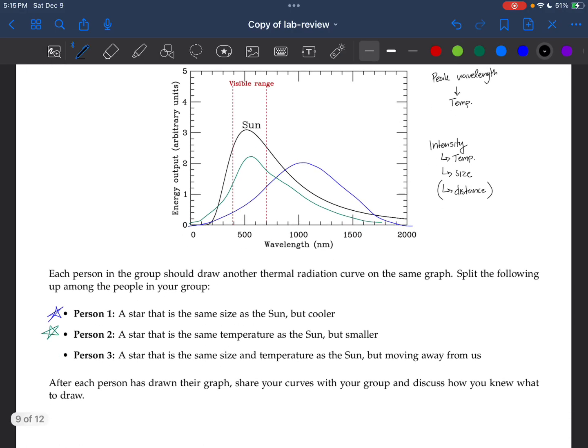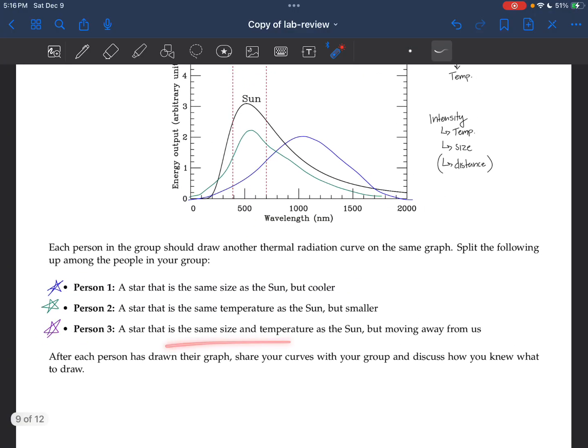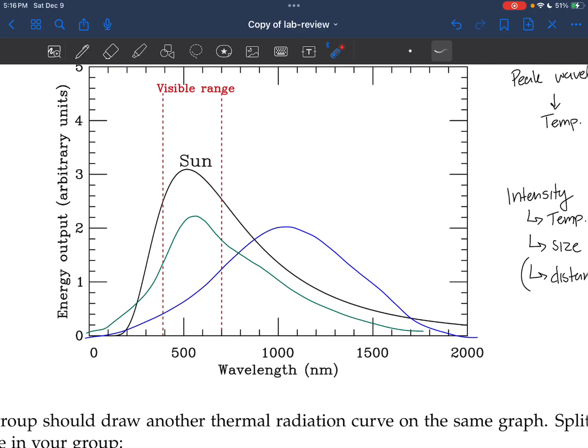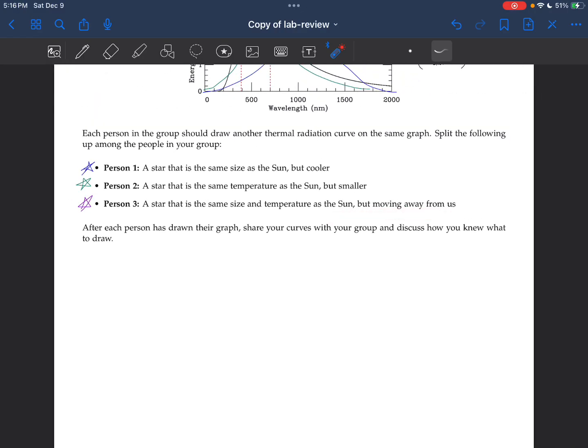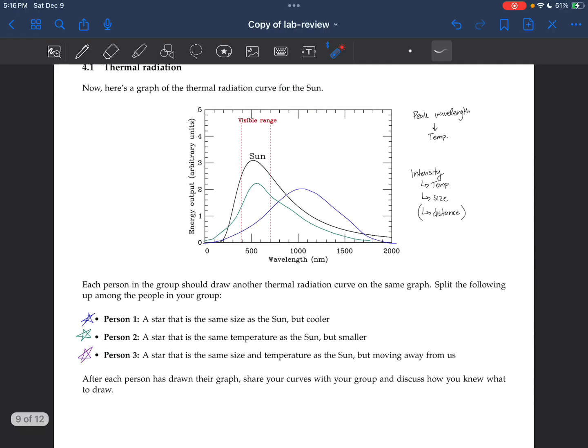All right, so moving right along to my third one, we're going to be talking here about the same size and temperature as the sun, but moving away. Well, if it's the same size and temperature as the sun, it's going to have the same emission curve as the sun. However, if it's moving away fast enough, we'll get redshift.